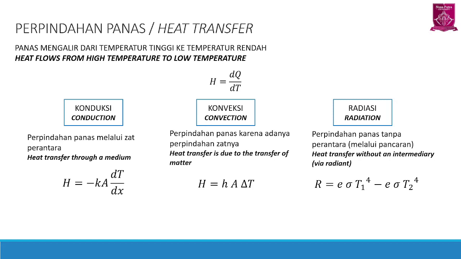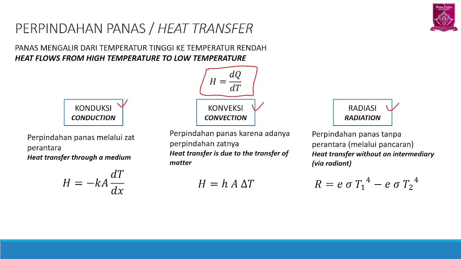The heat flow we can calculate by this equation: the heat flow is equal to the differential of heat by time, or dQ per dt. There are three types of heat transfer. The first is conduction, the second is convection, and the third is radiation.